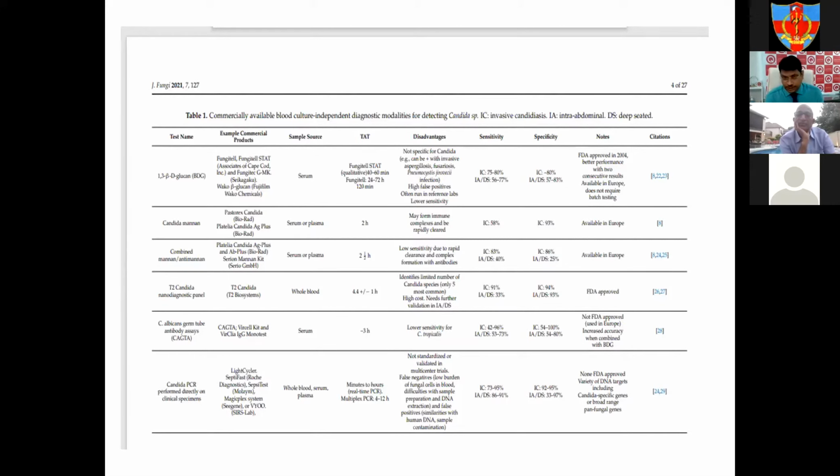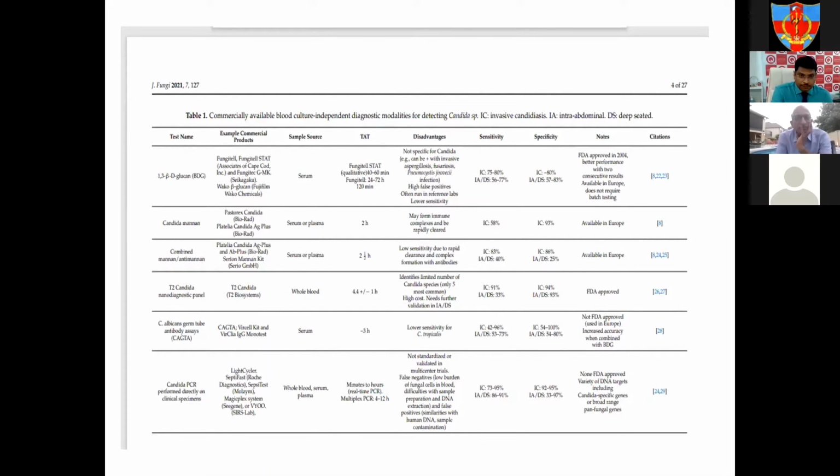So these are some of the tools that are largely used in the Western context, but we hardly get to use them in India, mostly because of non-availability and partly because of lack of awareness. This presentation is to bring up these points so that these can be used in the right settings, and we may then be able to detect more of such fungal infections in our COVID-19 patients.